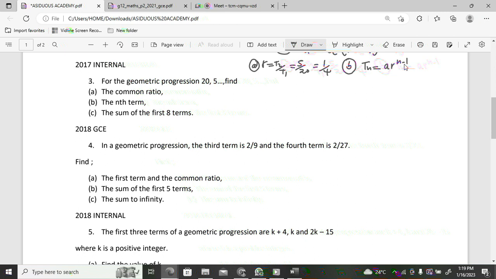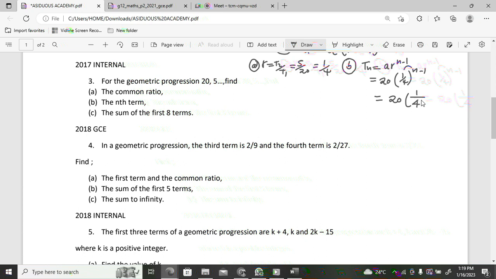And then B, find the nth term. So nth term, we know is given by a r to the power n minus 1 for a GP. So this is going to be equal to a, the first term, 20, and then r, that is 1 over 4 to the power n minus 1. They've just said any term. We don't know what that term is, so we just want a formula.